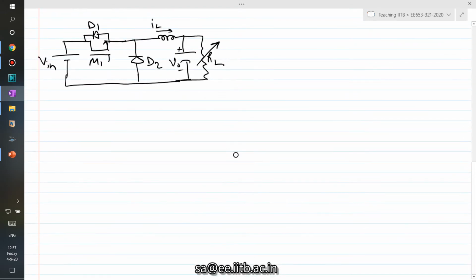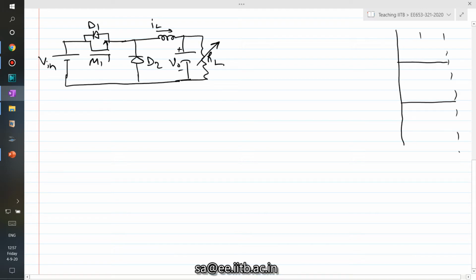So this is the circuit, and this is how the inductor current was. Now I have slowly started increasing the load resistance.